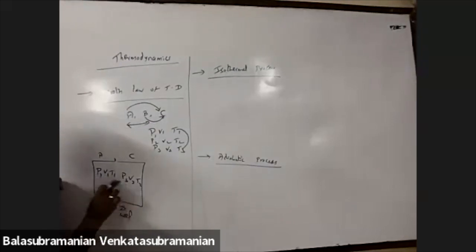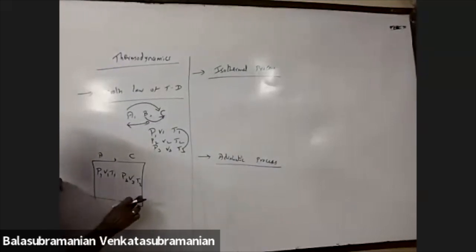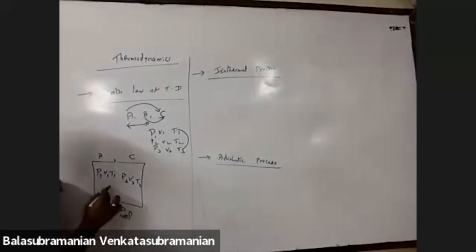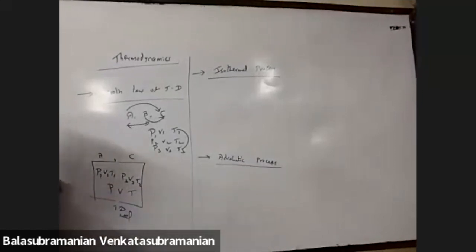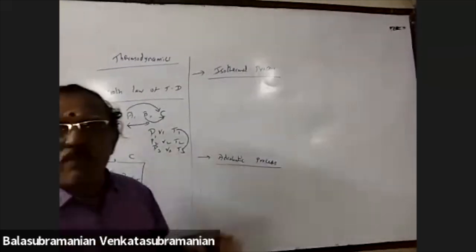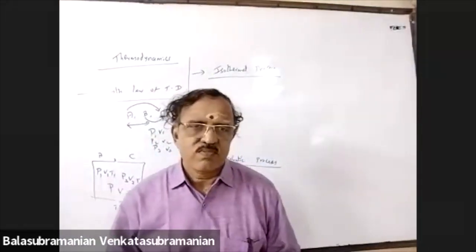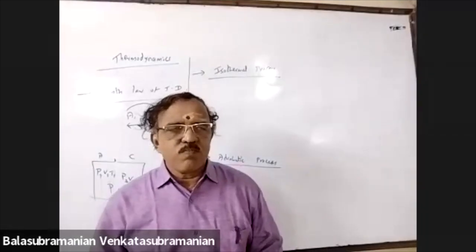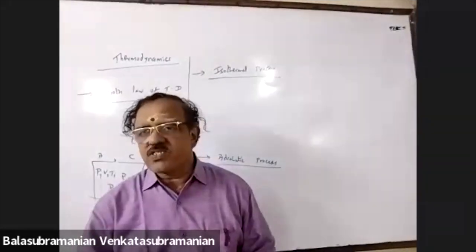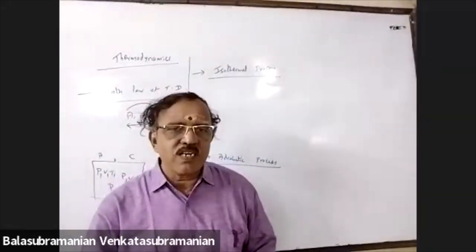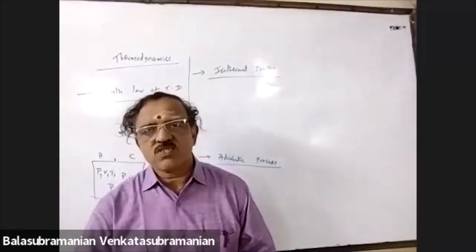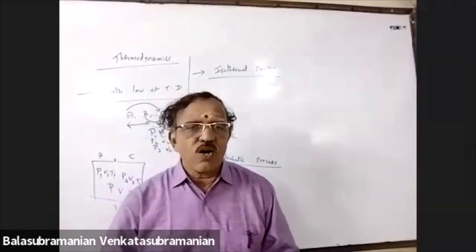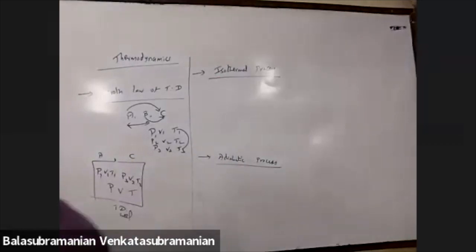Both the pressures, volume, and temperature put together will be P, V, and T. There is no question of P1, P2, P3, V1, V2, and T1, T2. So it is common now. Both the systems possess same temperature, same pressure, and same volume. This is called zeroth law of thermodynamics.